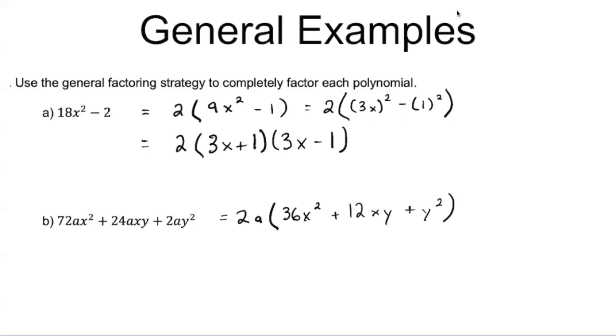Now this can be factored once again if we consider the factors of our leading coefficient. Now there's a lot of them. There's 1 and 36, 2 and 18, 3 and 12, 4 and 9, 6 and 6. All well and good. Since everything's positive, that makes this a little bit easier, or a lot easier.